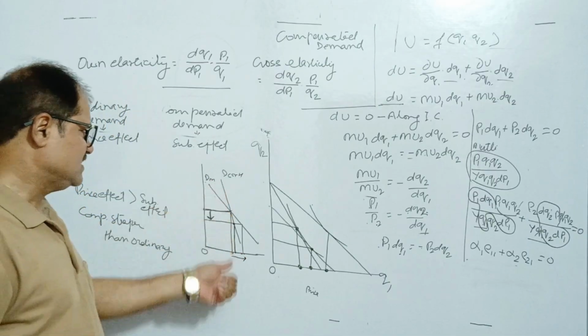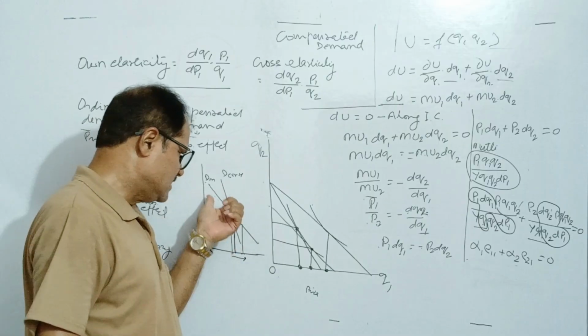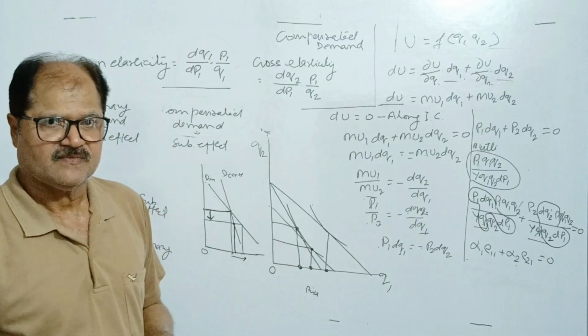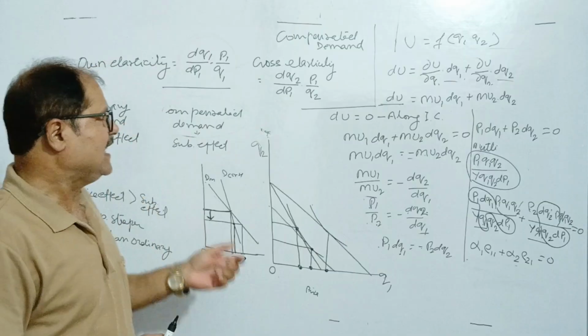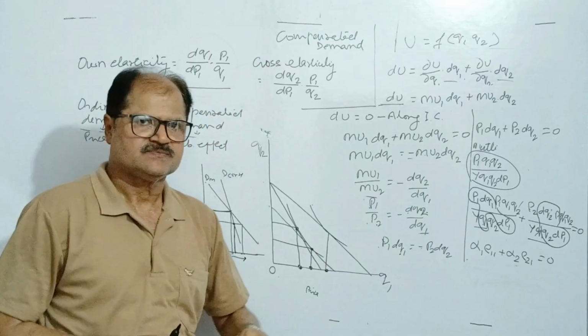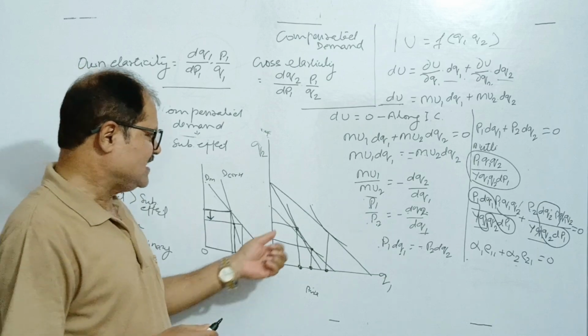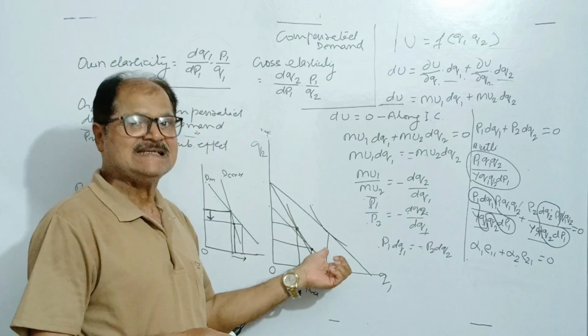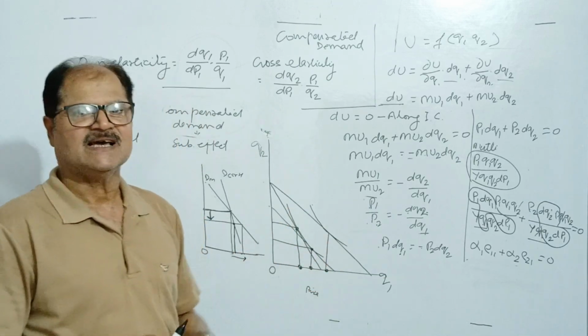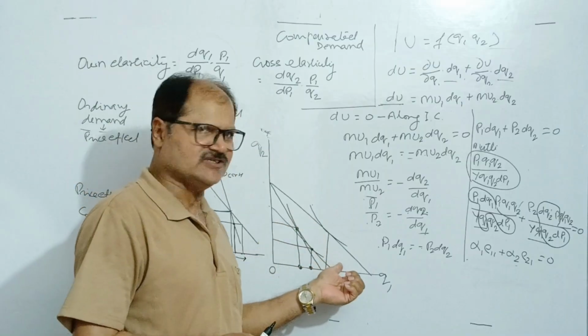That's why this one is steeper and this is flatter. Now we have to analyze the relationship in compensated demand, and compensated demand is drawn under the assumption that indifference curve is constant.